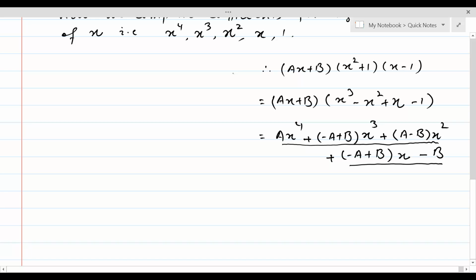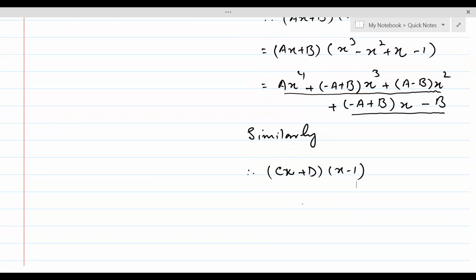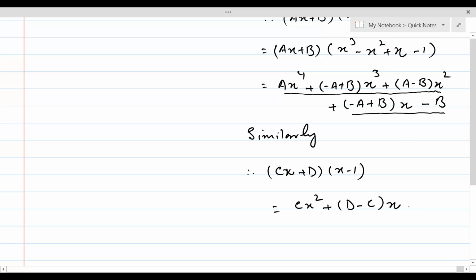Now the second term is (cx + d) into (x − 1). If we expand this one, this becomes equal to cx² + (d − c)x − d.